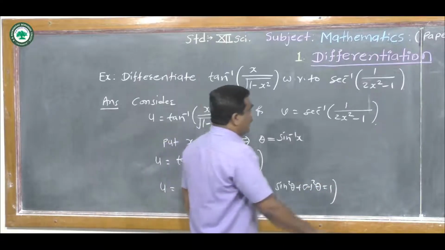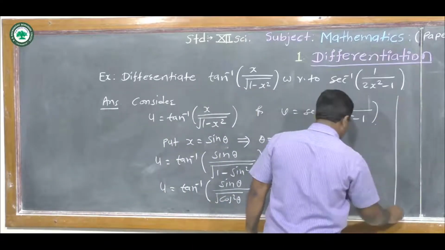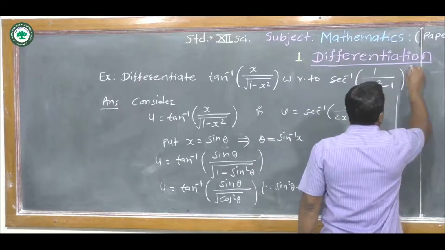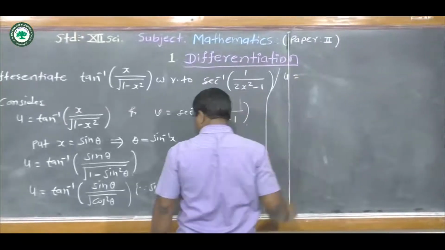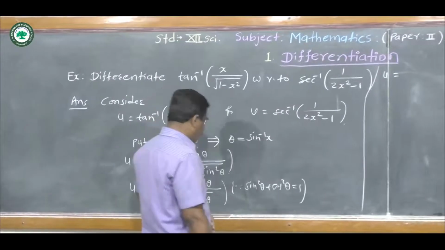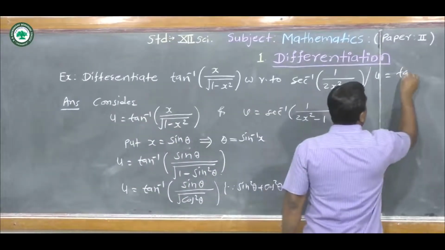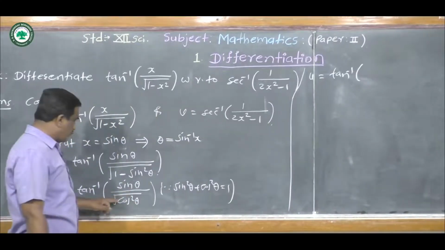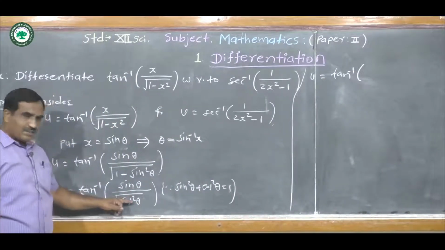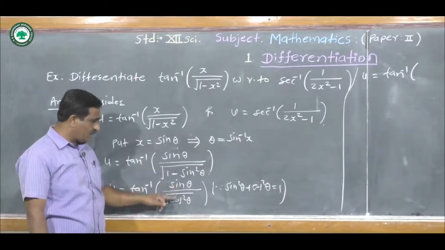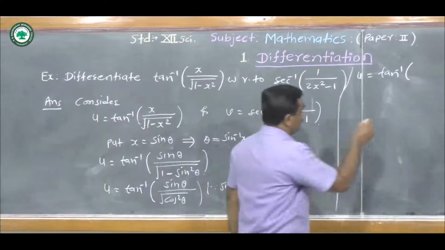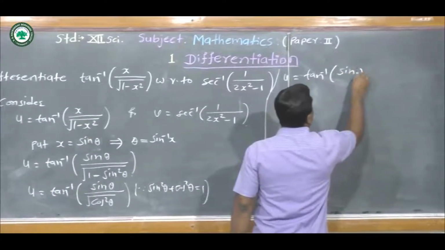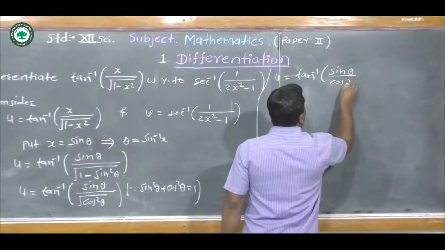Okay, you can write u equal to tan inverse of sin theta upon, here square root and square cancel, we get sin theta upon cos theta.